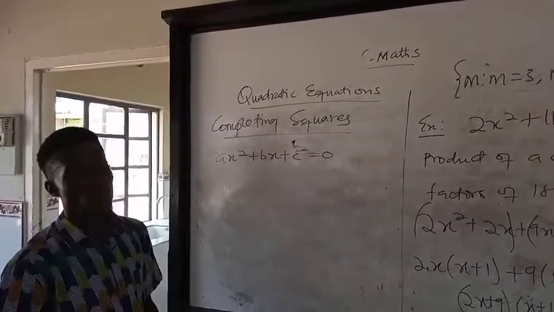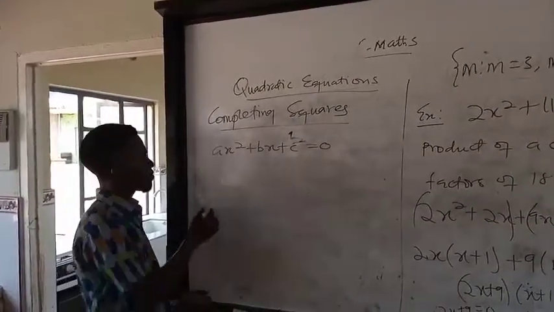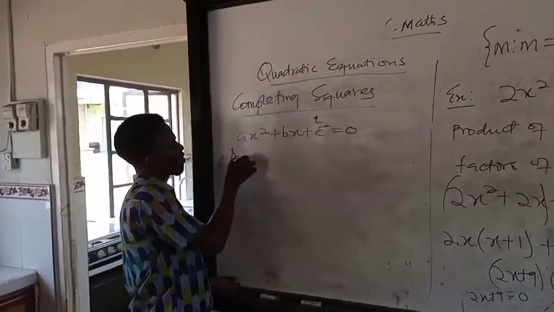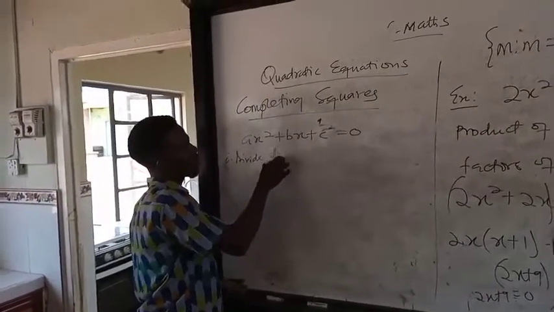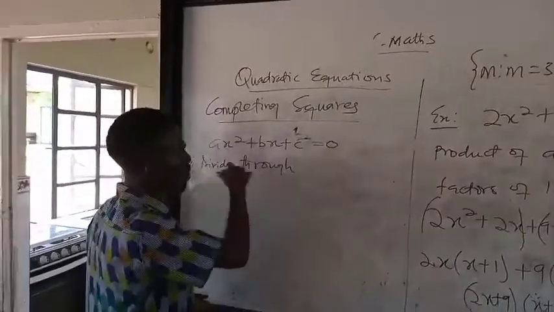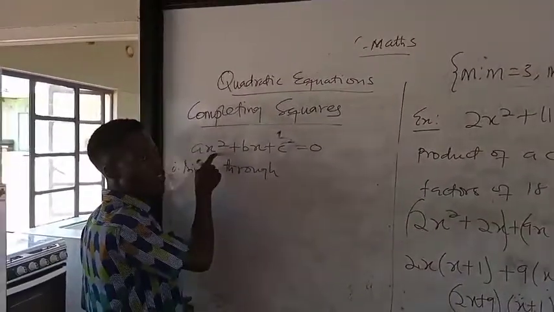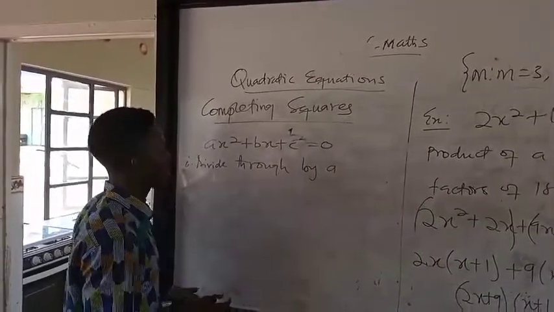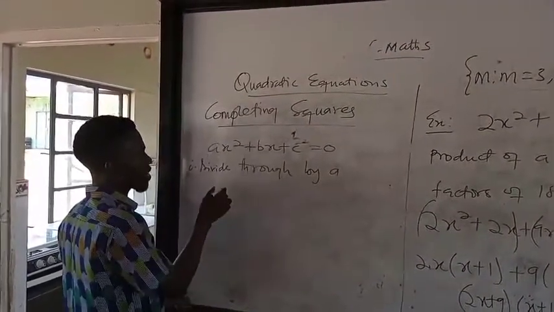To use the method of completing the square, the first thing is divide. We're going to divide the whole equation by the coefficient of x squared, by a.